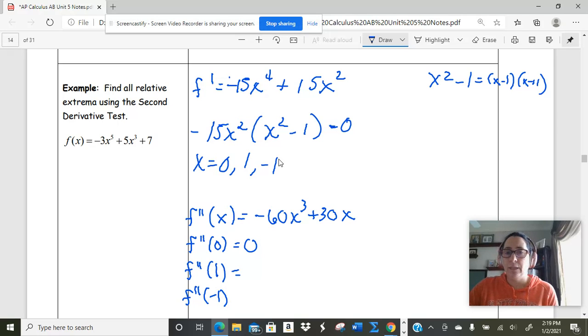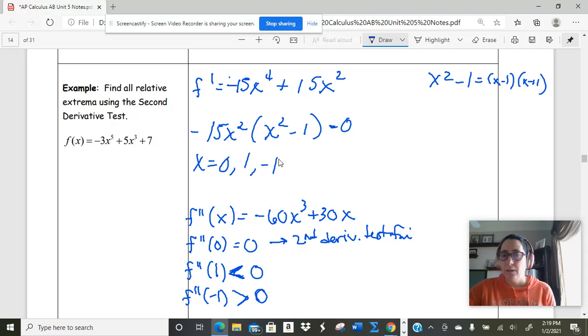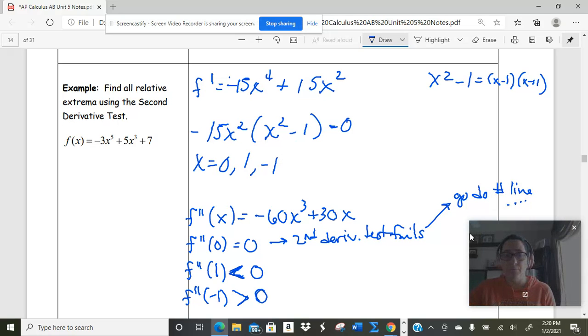So when I plug in 0, I get out 0. When I plug in 1, I get out a negative. And when I plug in a negative 1, I get out a positive. So this means the second derivative test fails for 0. If you absolutely want to know, go do number 9 for the first derivative test.